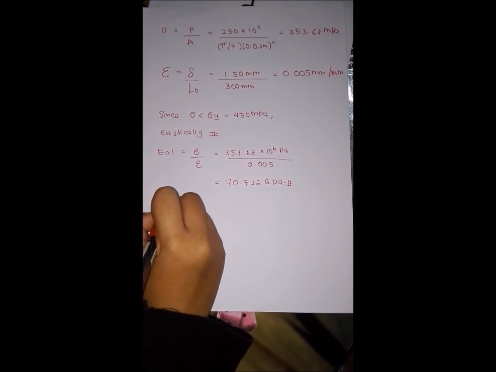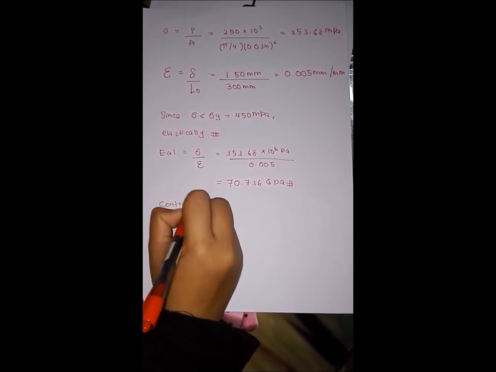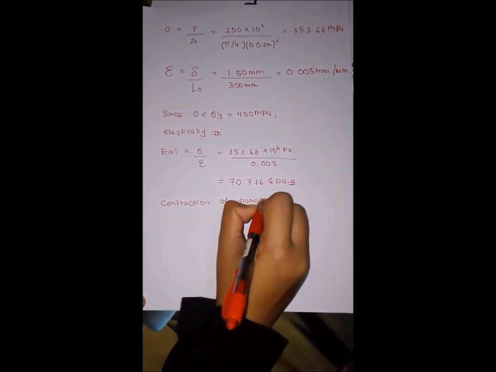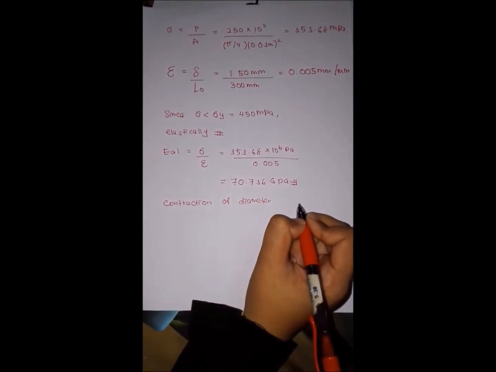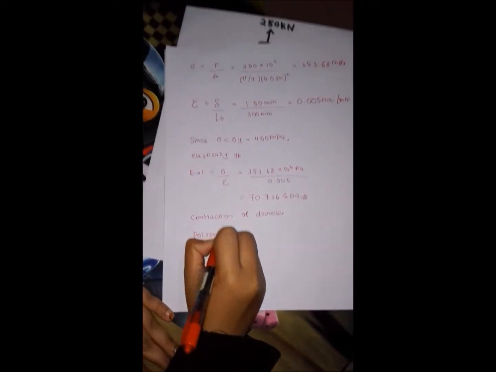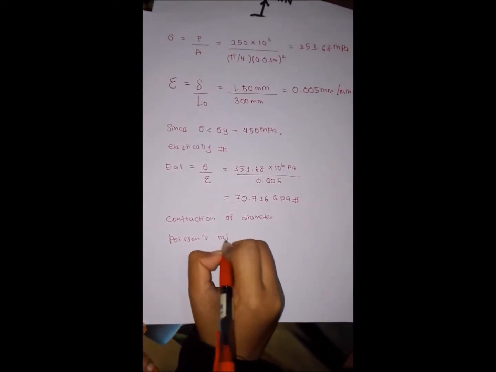Contraction of diameter. First of all, we must determine the Poisson's ratio for the material.